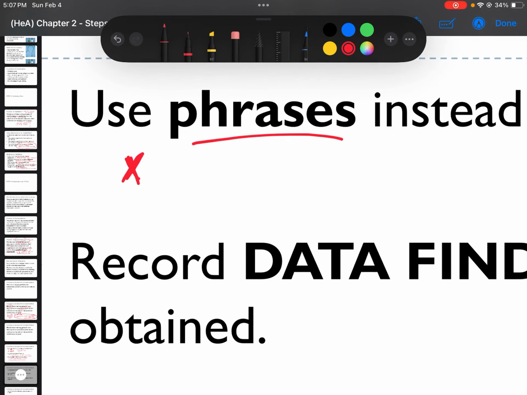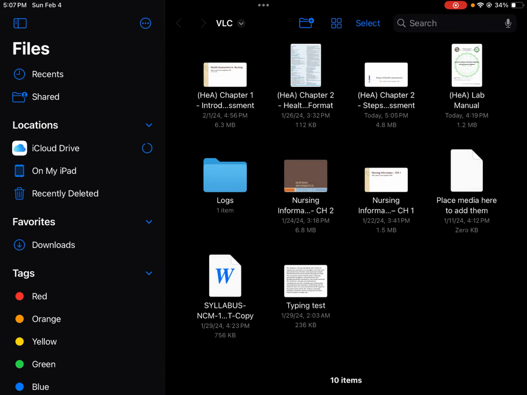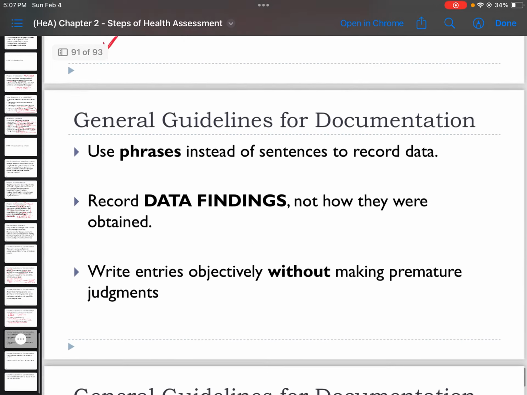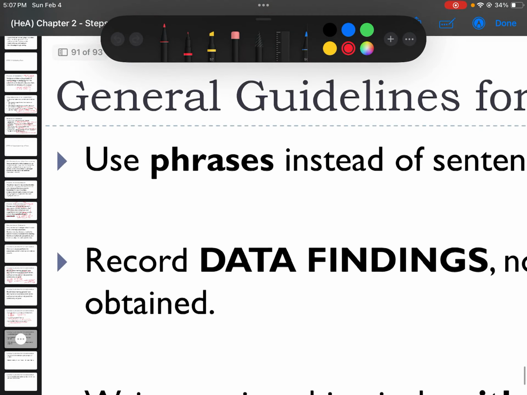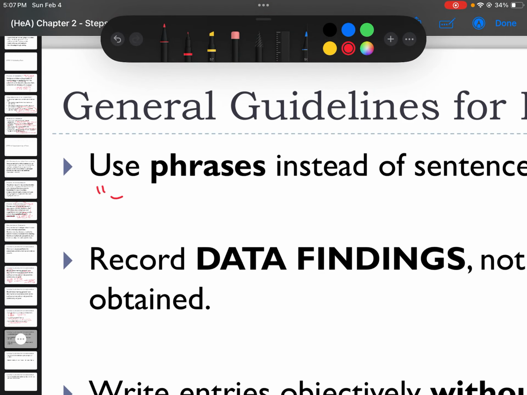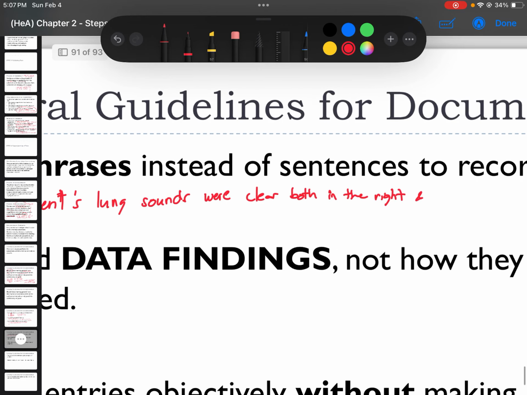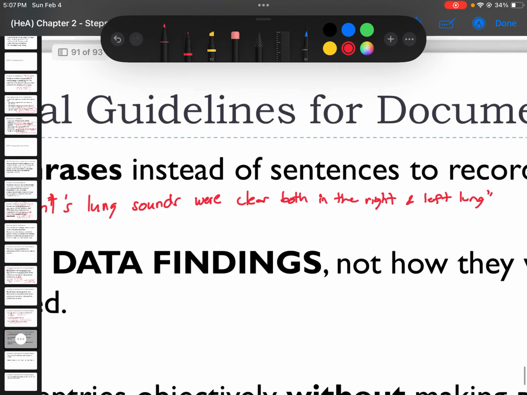Instead of recording something like the client's long sounds were clear both in the right and left lung.